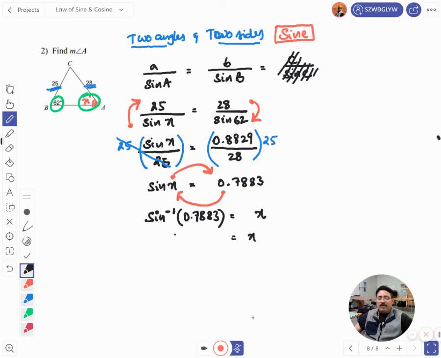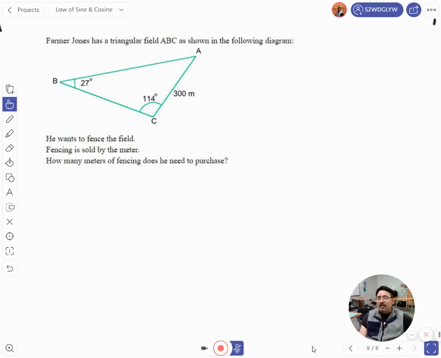So the value of the angle is 52.02 degrees. Anyhow, it's a straightforward question, so let me go to the next page for a different question. Here I see that two angles are given.